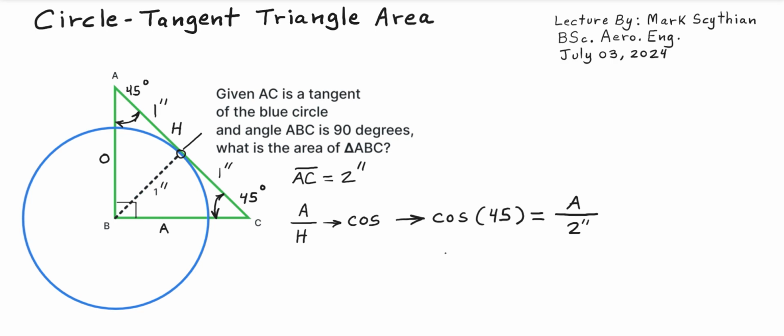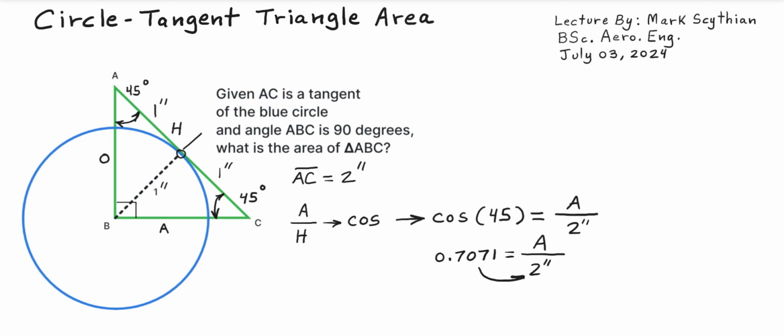So if we find the cosine of 45 degrees in your calculator's degree mode, 0.7071. So make sure your calculator is not in radian mode, but it is in degree mode. Then cosine of 45 degrees will equal 0.7071. This then made equal to the adjacent side divided into 2 inches.